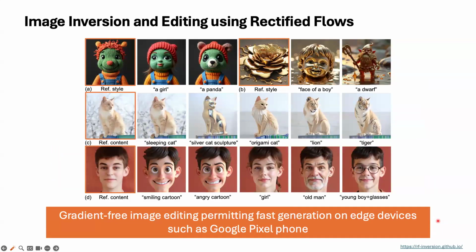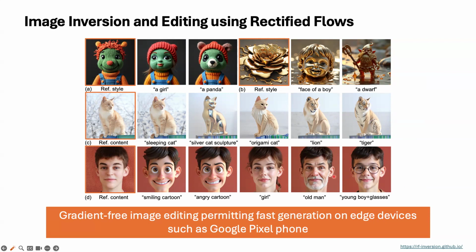Another really interesting problem is free image editing. If you have a lightweight platform like an edge device where any gradient computation for image editing is super expensive, can you come up with a flow-based algorithm which in some smooth manner is able to generate high-resolution images? This is something we have been able to do.